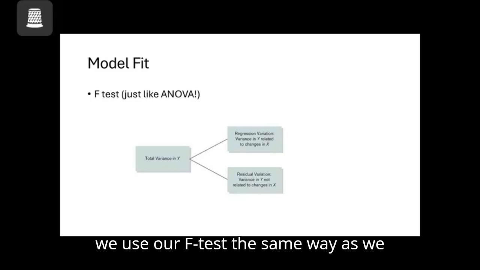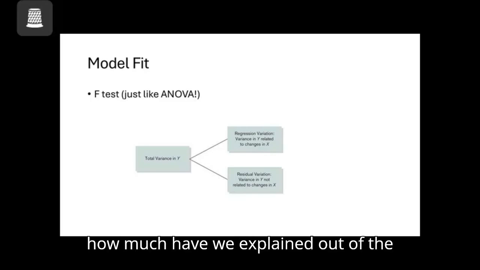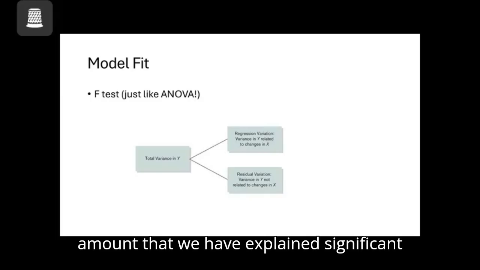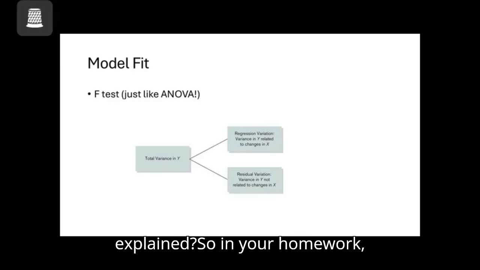So we use our F-test the same way as we did in ANOVA. It's basically saying, how much have we explained out of the total variability? And is the amount that we have explained significant compared to the amount that we haven't explained? So in your homework, you will present the F test.